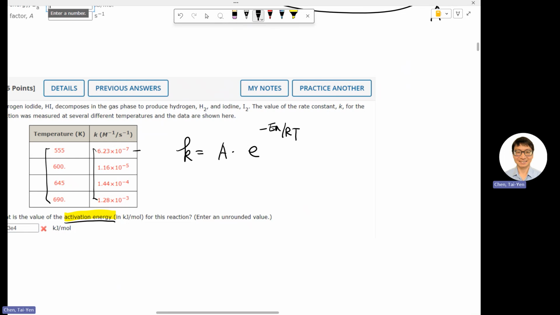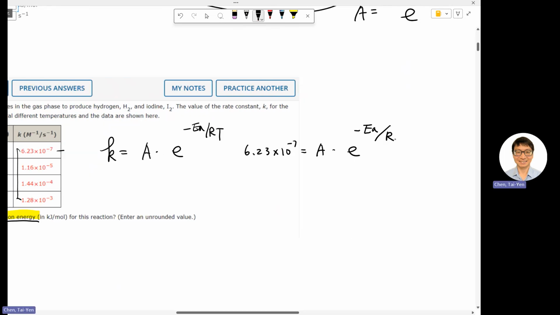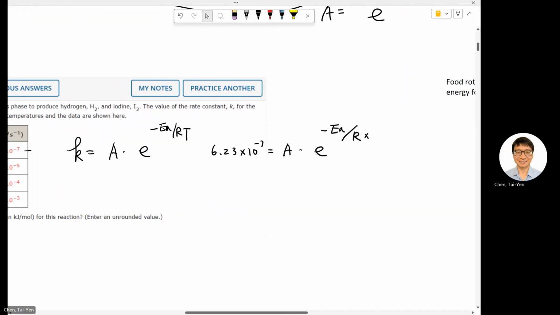From the first data point, you can write k is 6.23 times 10 to the negative 7, equal to the frequency factor, which you don't know at this moment, so you just write a capital A there, times exponential of minus Ea, which is the term you want to calculate, divided by R, which is just a constant, times your T, in this case 555, right?